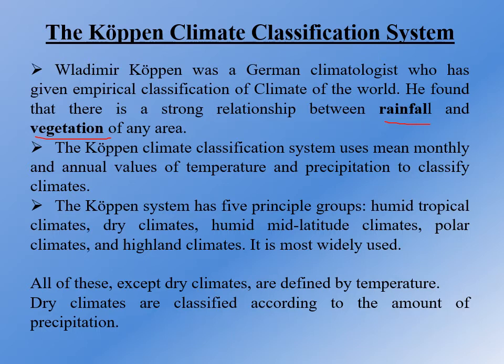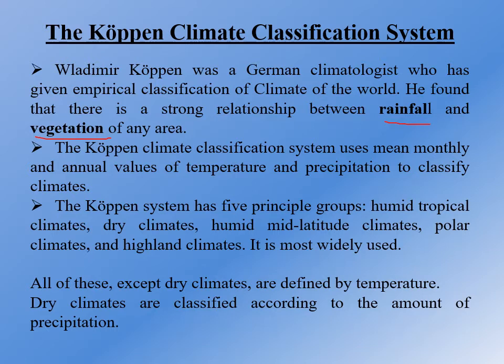The Köppen climate classification system uses mainly the mean monthly and annual values of temperature and precipitation, and depending on these values, Köppen developed a classification system having five principal groups.